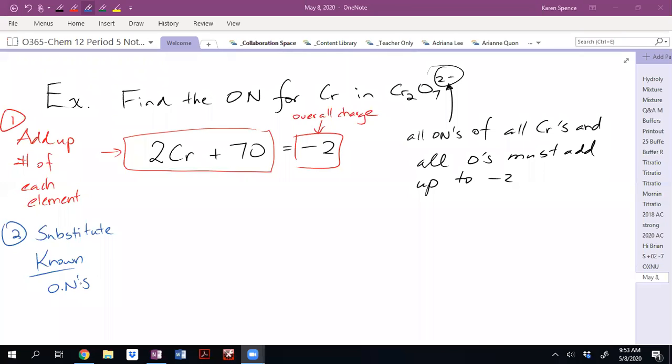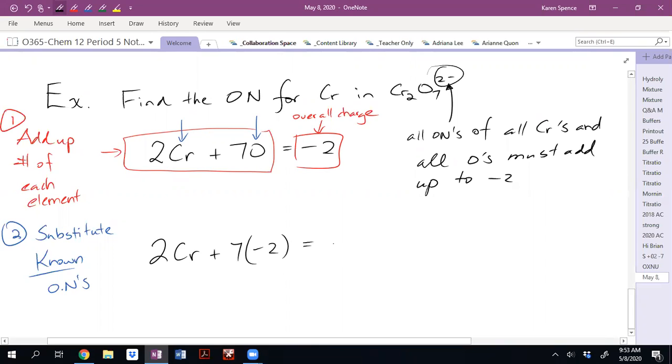So for whom do we know the oxidation number in this question? Do we know it for Cr? Do we know it for O? We know it for O, and O is -2. So in our equation, I still have 2 Crs, but now instead of 7 O, I'm going to write 7 times -2. And that's overall going to equal -2.